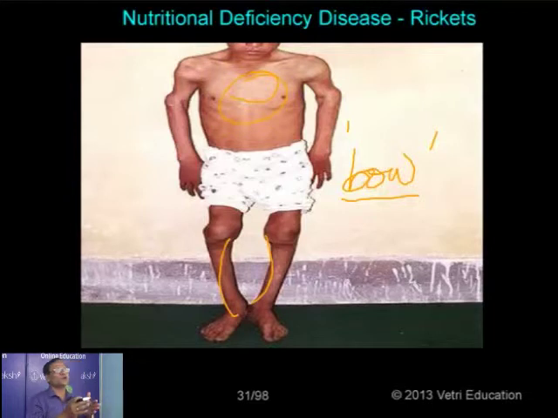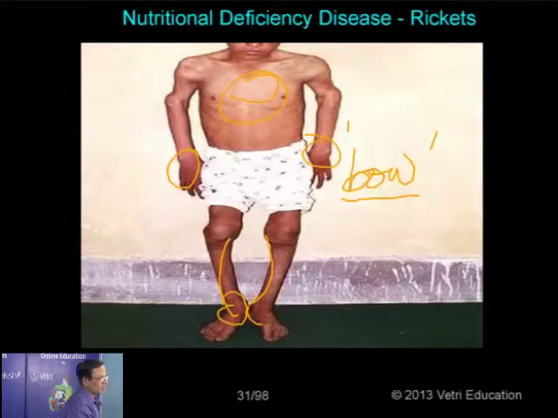The chest is brought forward, just like a bird, more or less triangular. We use the word pigeon for a bird. Also, we have broad wrists, broad ankles, and another symptom, knock knees.